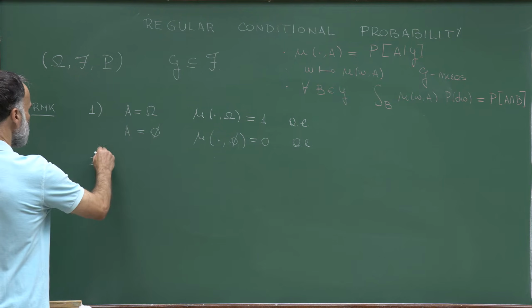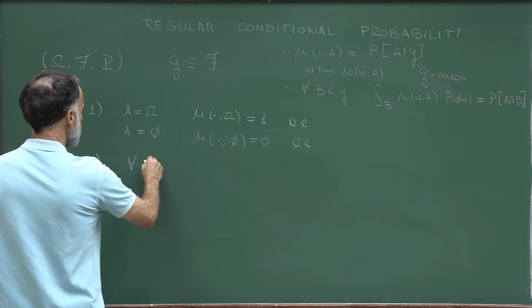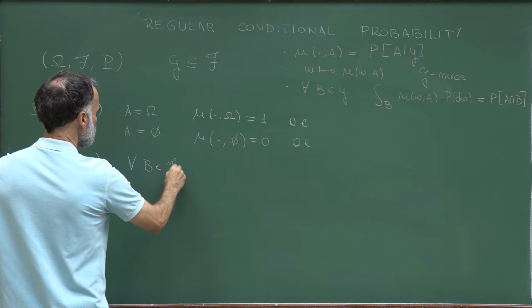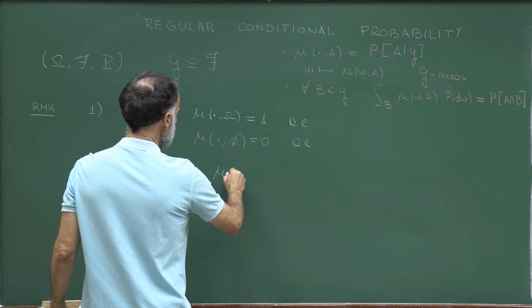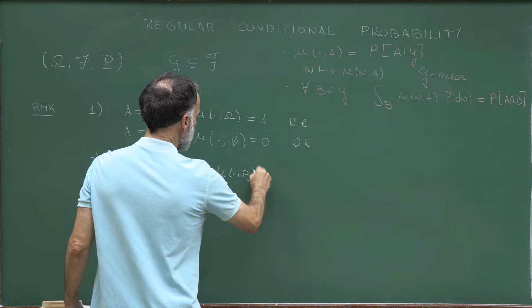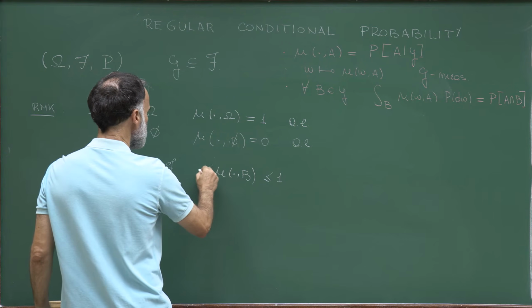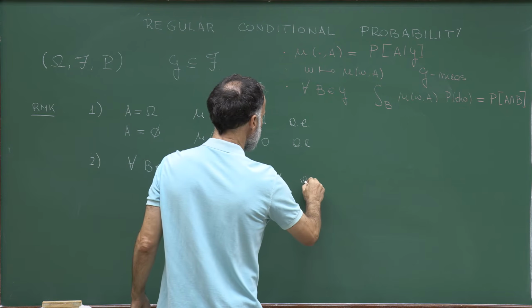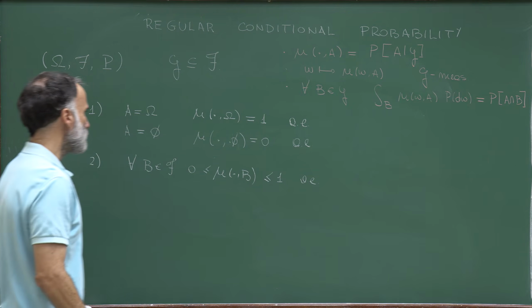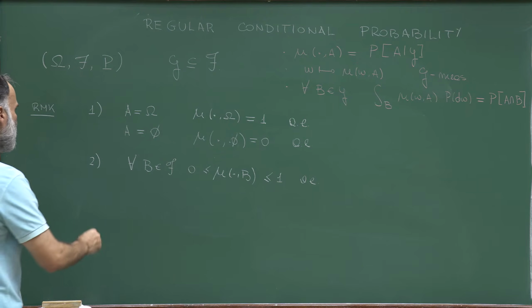My second remark is that for all B in F, this function is less than or equal to 1 and larger than or equal to 0 almost everywhere. This is also pretty clear.